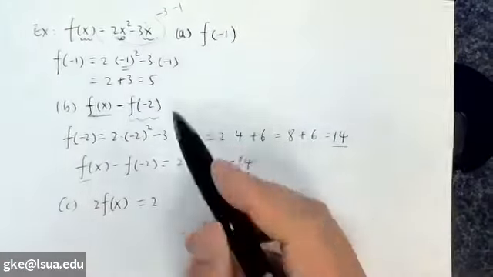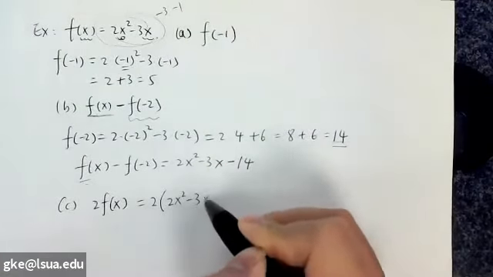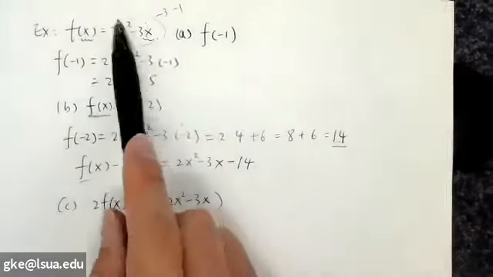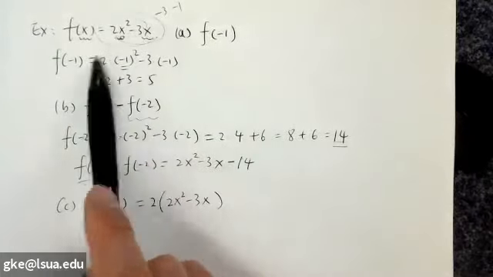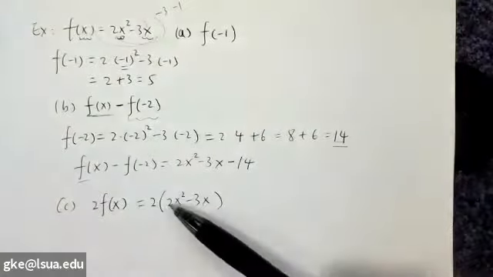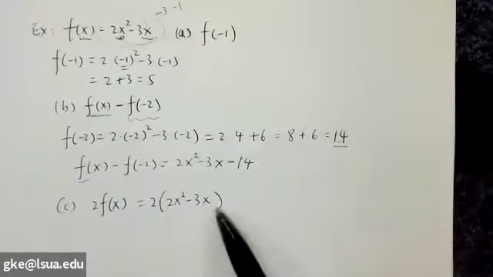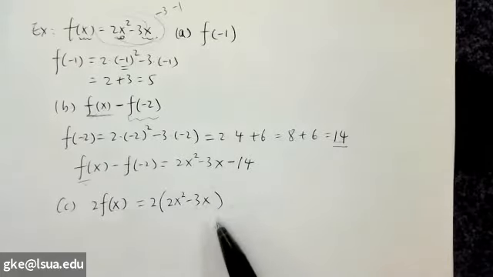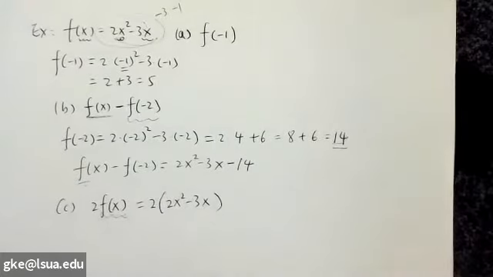We need to put parentheses here because f(x) represents the whole expression, 2x squared minus 3x. So when you plug in, you need to put the whole expression in parentheses.